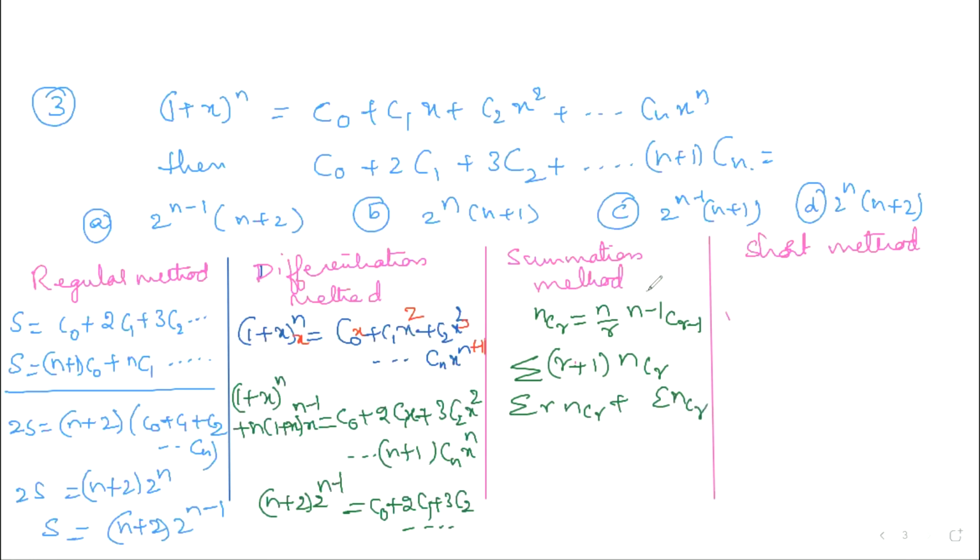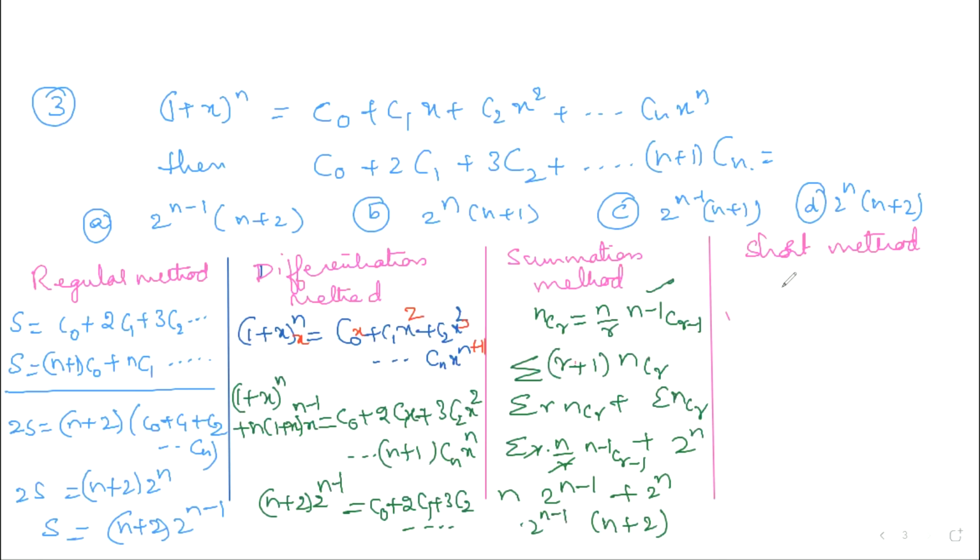For r times nCr, I'll use this property: r gets removed, so it becomes n times (n−1)C(r−1), plus this is 2ⁿ. Since n has nothing to do with the summation, we can write it outside. And the sum of (n−1)C(r−1) is 2^(n−1). So in both the terms, if I take 2^(n−1) common, again I get n + 2. This is by the summation method.